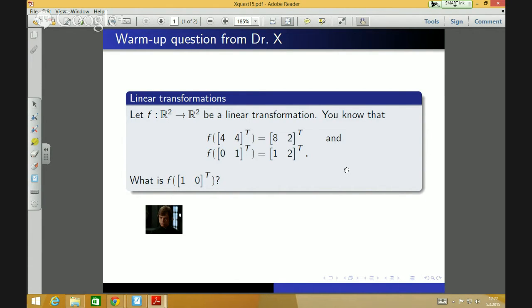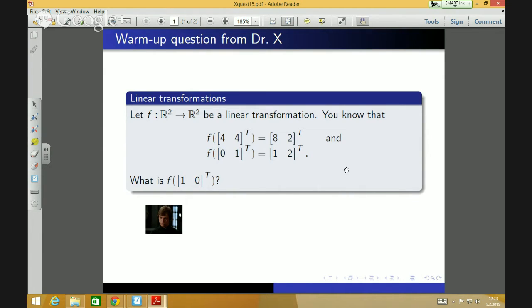So I've told you what f does to two points. But based on this information, you can use your Sherlock Holmes skills to figure out what f does to the vector (1, 0). Now I say Sherlock Holmes skills because this indicates that, first of all, the answer is elementary, Dr. Watson.